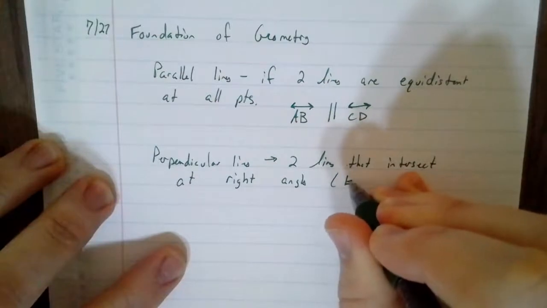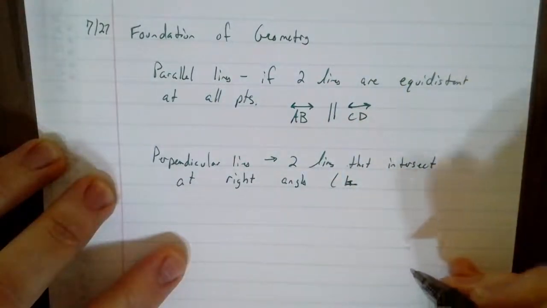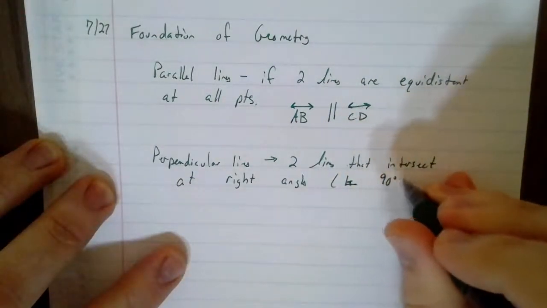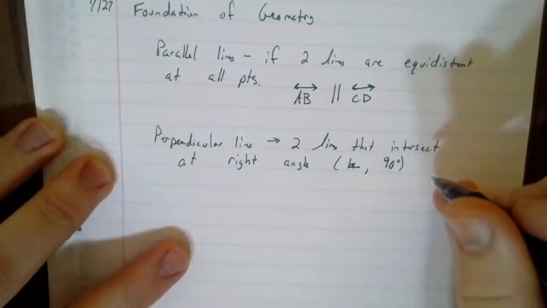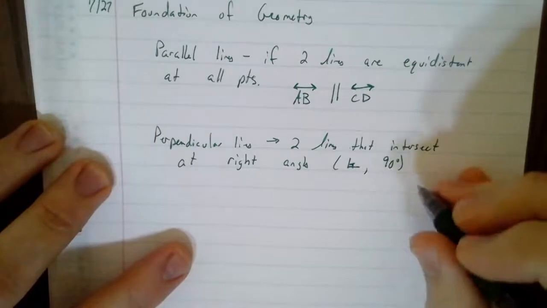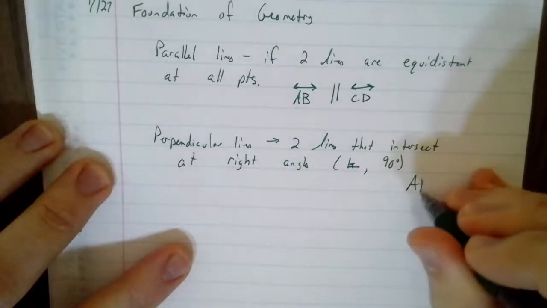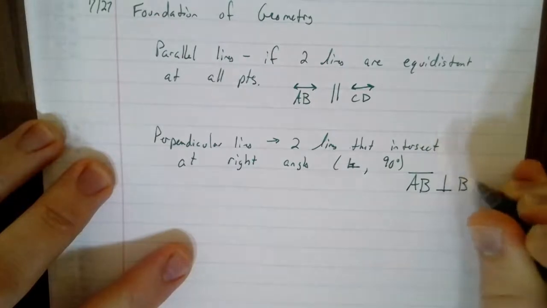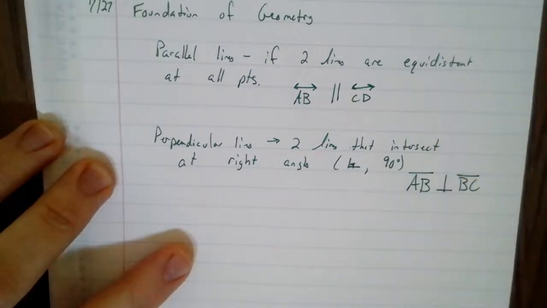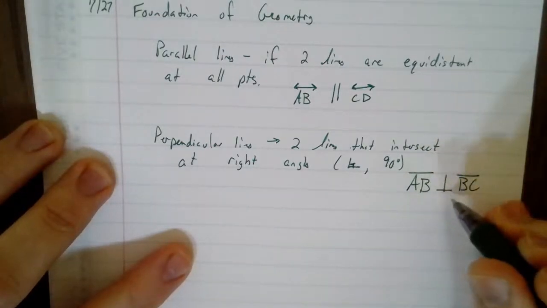So when you see this box, you know that means it's a right angle, which makes it 90 degrees. Okay, so that box right there means right angles or perpendicular lines. You got a notation for this? I could have segment AB is perpendicular to segment BC. So again, perpendicular is this capital upside down T.